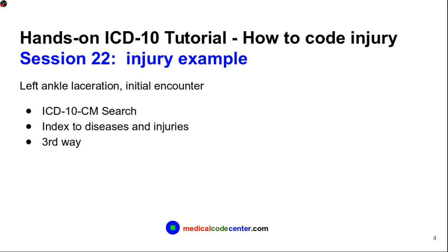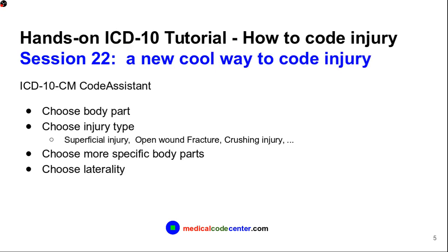Next I will show you the third way, which is a cool way to code injury. The third way is using the ICD-10-CM code assistant feature. First, you choose the body part, in this case the ankle. Then you choose the injury type.